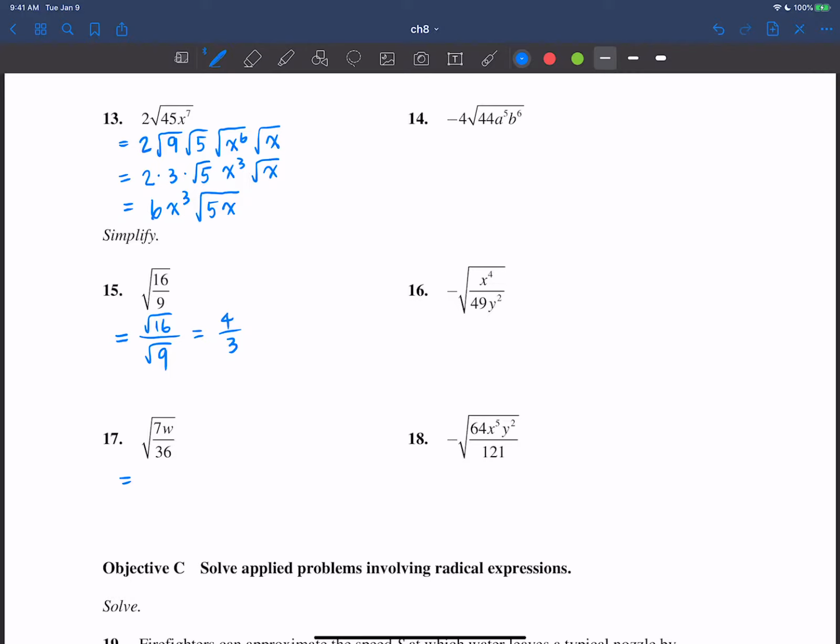Same idea, we will distribute the radical sign. On the top, you have radical 7, radical w, over radical 36. Unfortunately, the only thing that we can simplify at this point is radical 36, which gives you 6. As for the top, none of those two are perfect squares, so we will have radical 7w on the top.